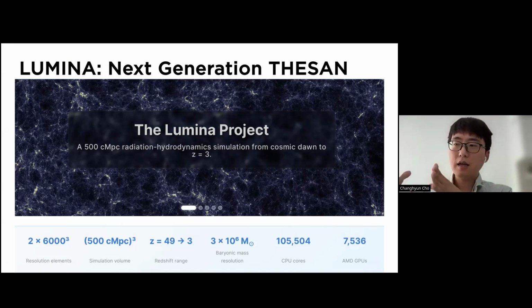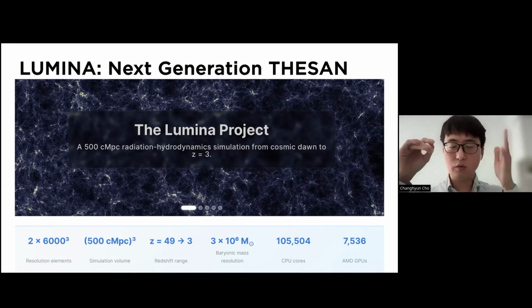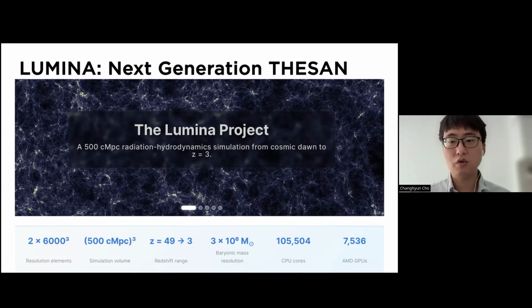I think the public access will be in early 2028, but they are discussing the timing. But if you want to work with the Lumina simulation and Lumina project, you can collaborate with the THESAN project or Lumina project members, and you can access the data. This is how research works.